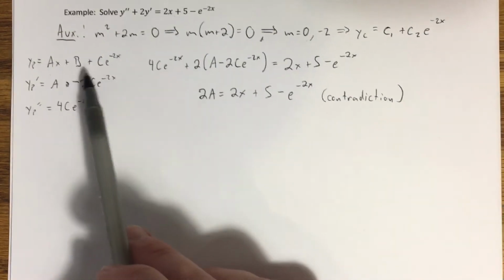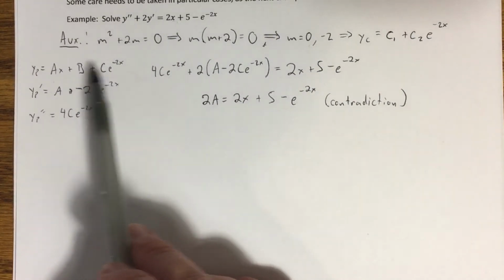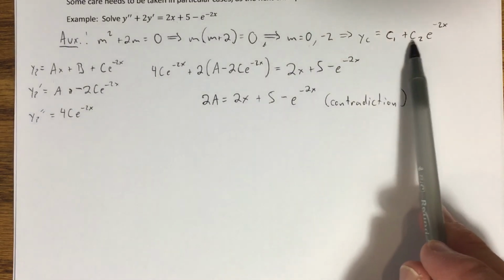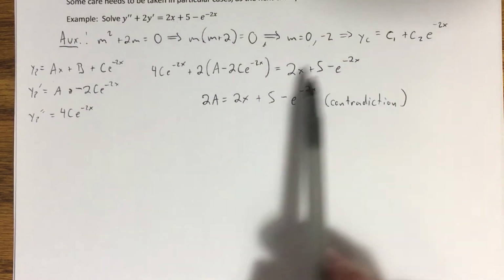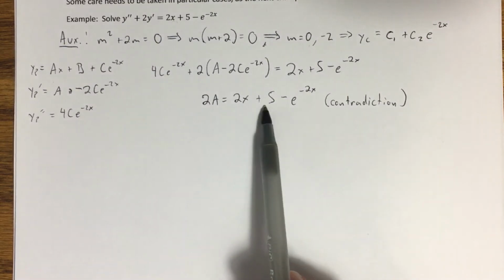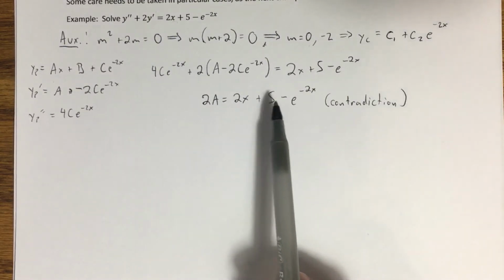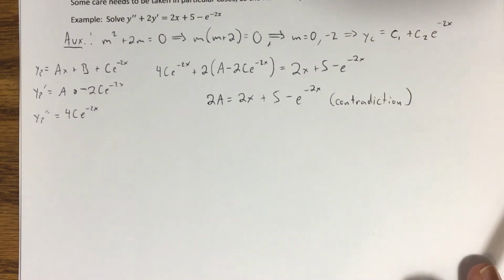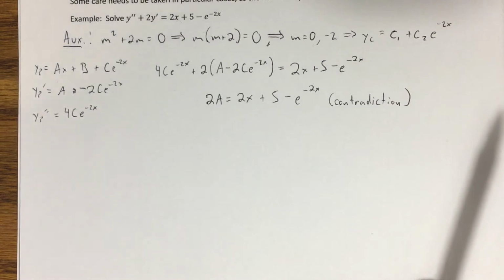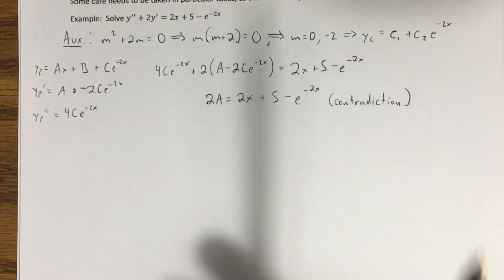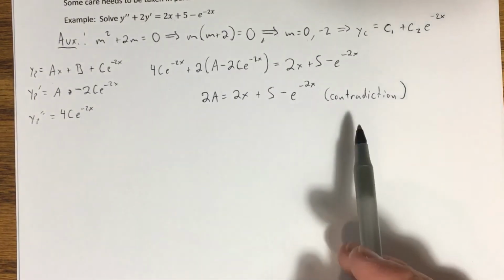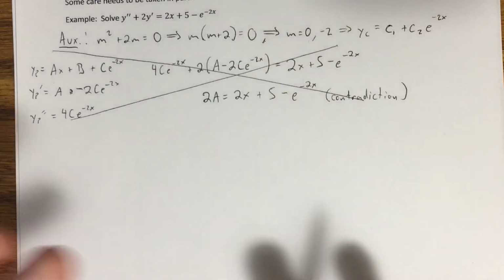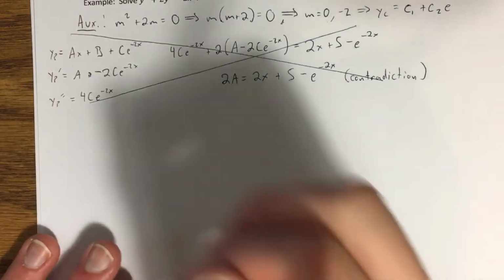So whenever you get terms in your choice of yp here that also show up amongst your complementary solution, it's going to lead you to a contradiction like this. And so we make a modification to the functions that we use for yp. Specifically, we multiply them by some power of x that eliminates that issue. So I'm going to do this. I'm going to cross this out because this led us nowhere good. And we're going to try again.